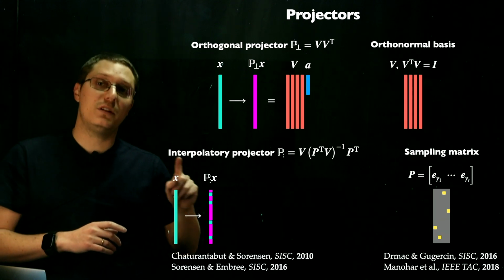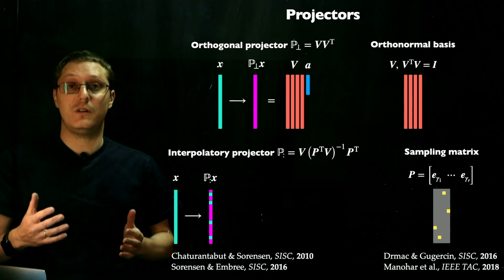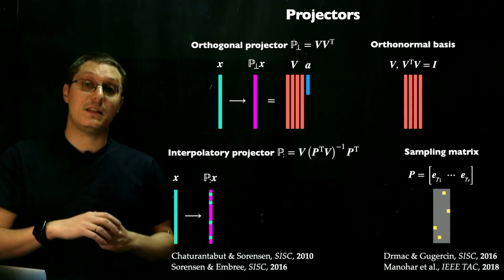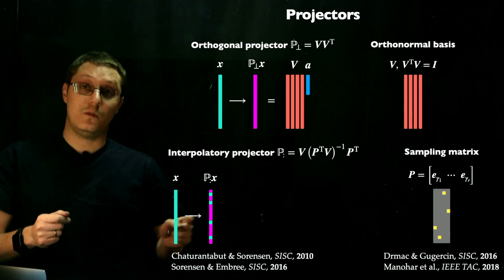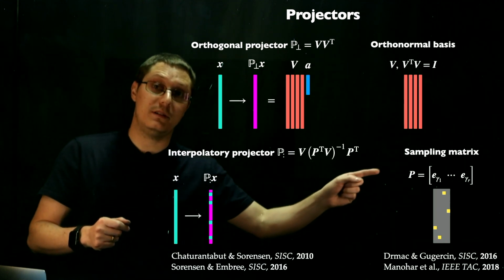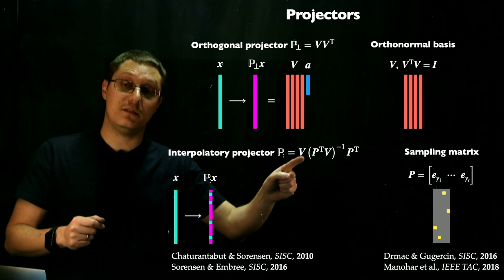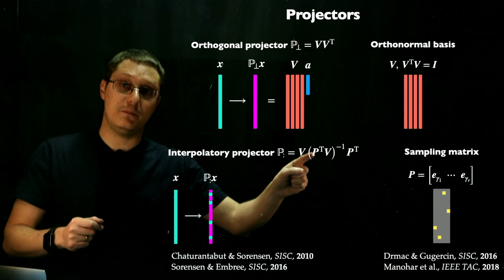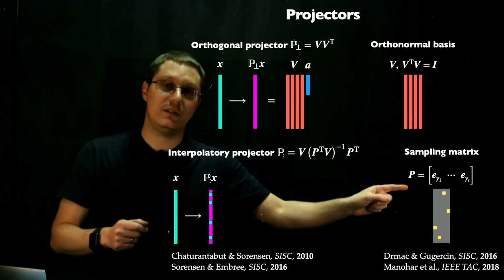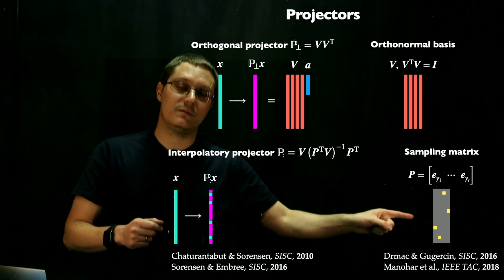So an interpolatory projector is an oblique projector with the additional property of exactly preserving some of the entries of the original vector. Okay, so the way you build it is, you still need a basis of modes, so your basis V, and now you need this P matrix, which is a sampling matrix that contains columns of the identity matrix.